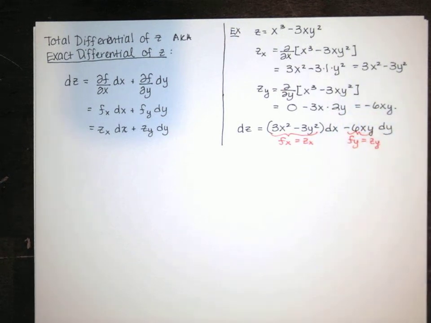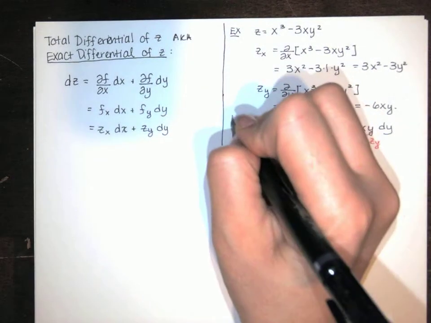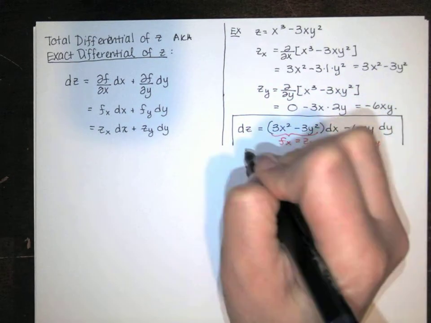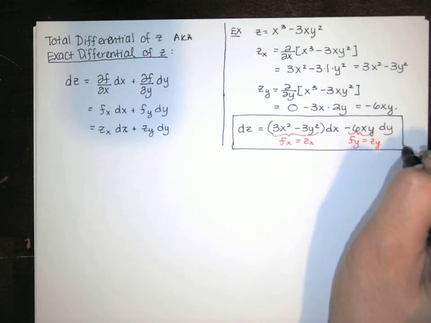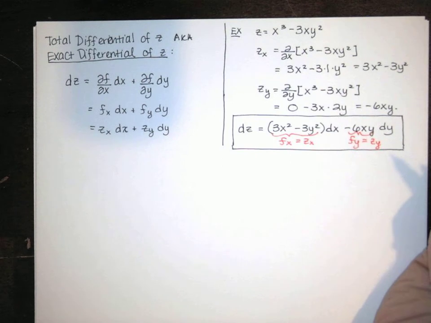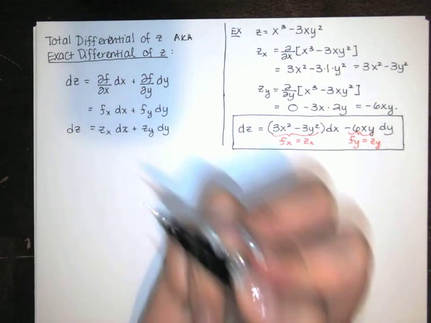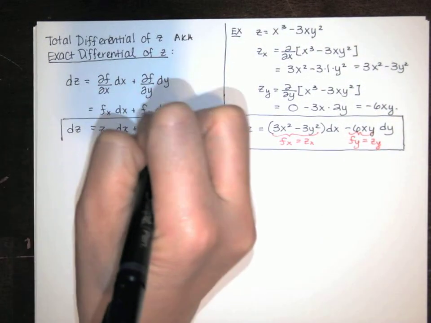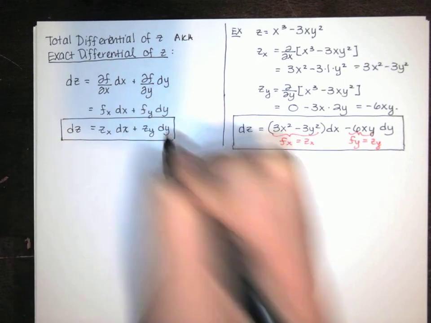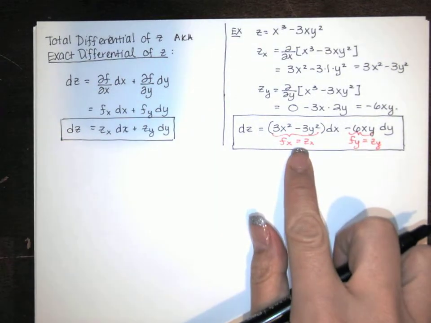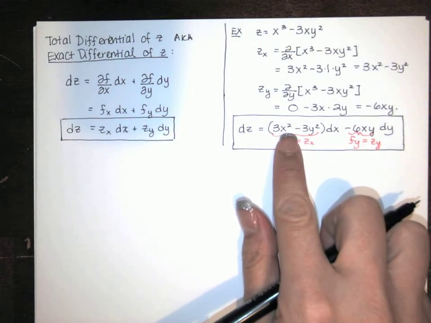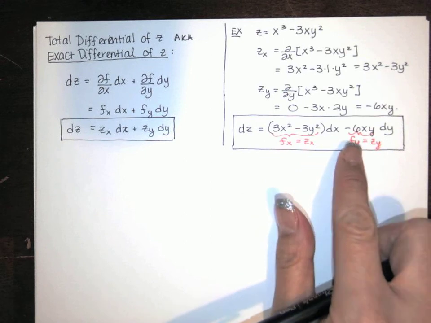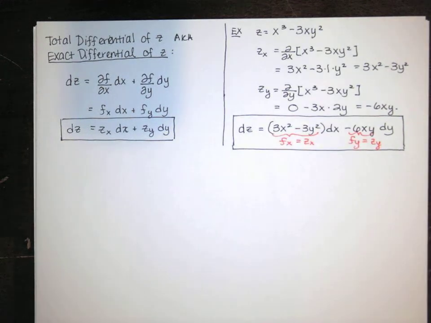Partial of f with respect to y or z sub y, same thing. That's the total differential of z. So if someone asks you for the total differential or the exact differential of z, this is what they're asking you for. It's the partial with respect to x times dx, plus the partial with respect to y times dy.